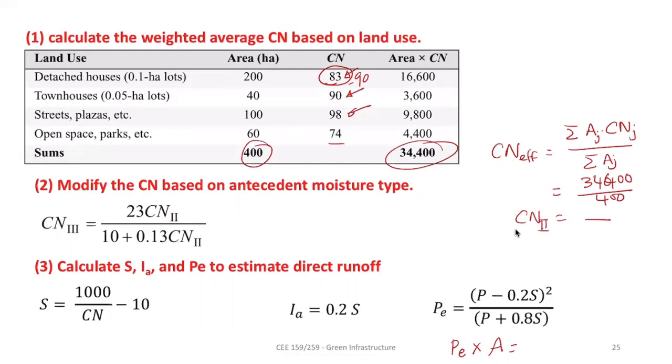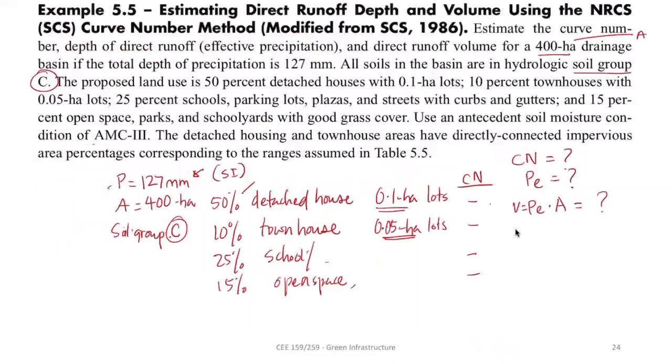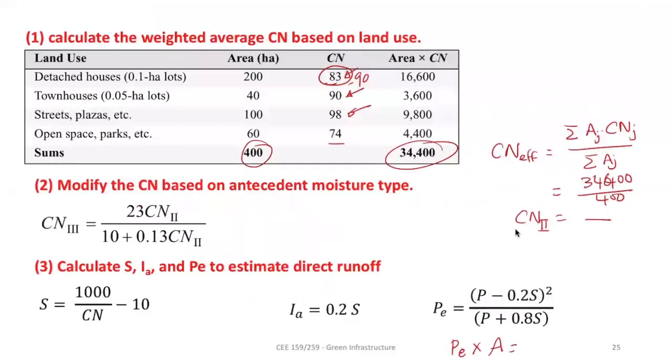But for this particular problem, it says you have to assume antecedent moisture content is type 3. That means this is the wet condition. So if you know the normal curve number, you have to convert that value to the modified curve number based on moisture content. Once you know the curve number, you use that value over here to calculate the maximum retention S. That will be in inches by default, so you have to convert that into millimeters using conversion factors.